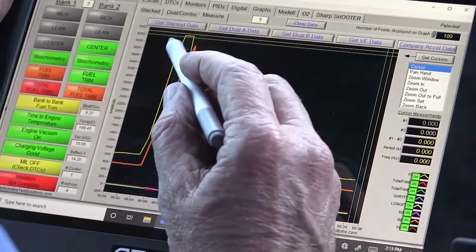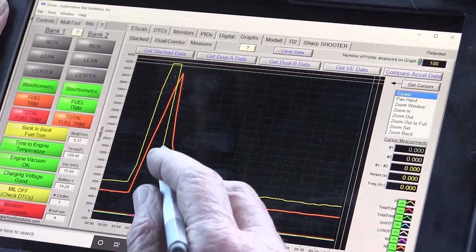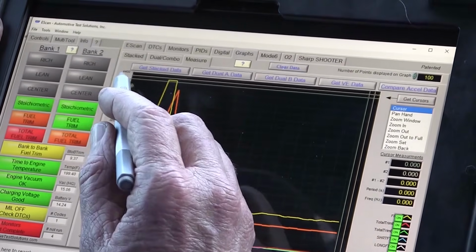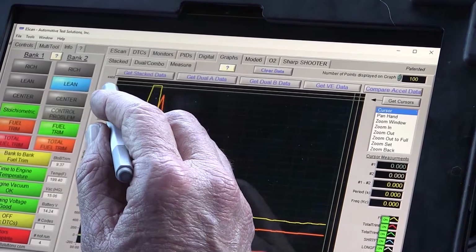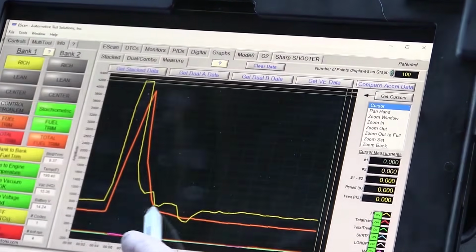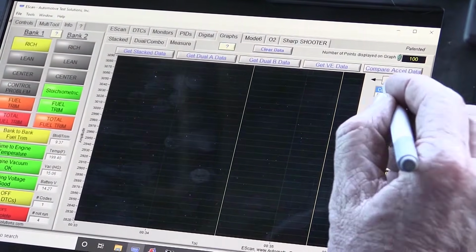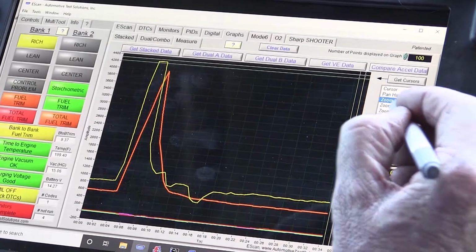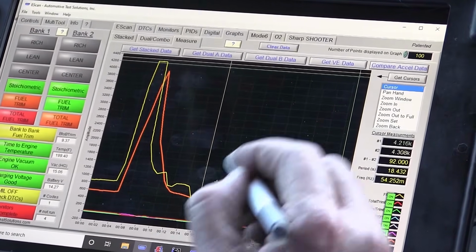So here's my data, and we can see that we have our fuel pressure here, and we went to 42 when I first floored it, and that's HG, so that'd be 2,100 pounds. We'd come down, and we can see where we dropped right here. Let's get the cursors, we're going to see where we dropped.